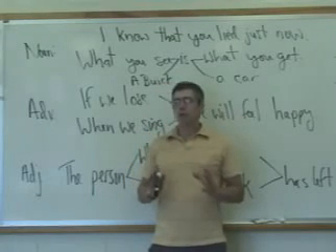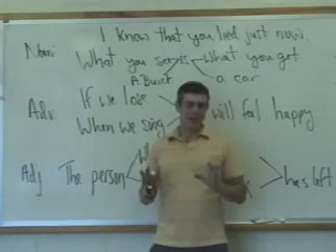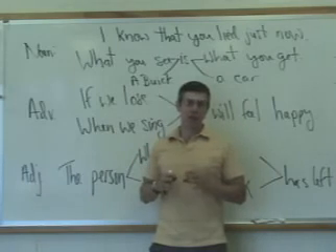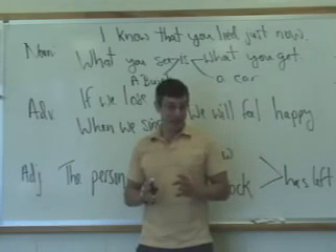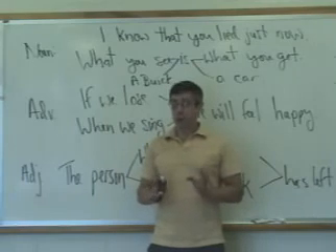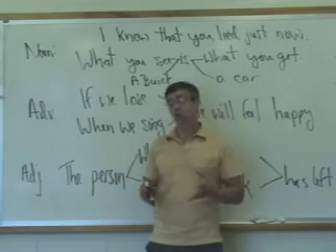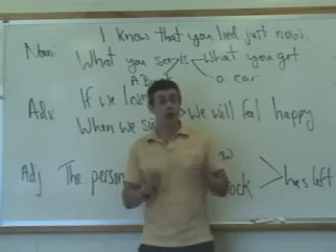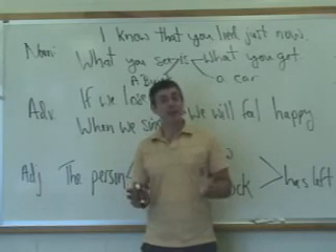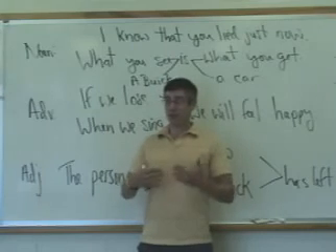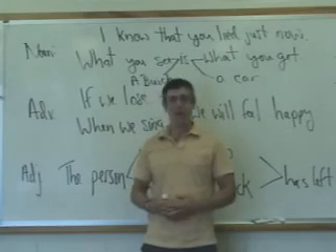Clauses are word groups that are defined by their having a subject-verb combination in them. Independent clauses are things that can stand alone as sentences. So, for example, the British are coming. This is an independent clause. It can be a sentence. It is grammatically complete, we say.